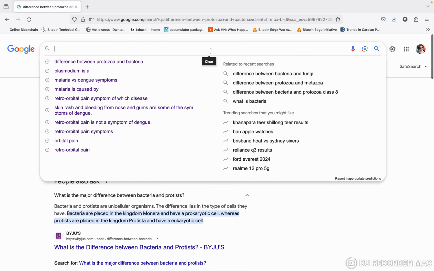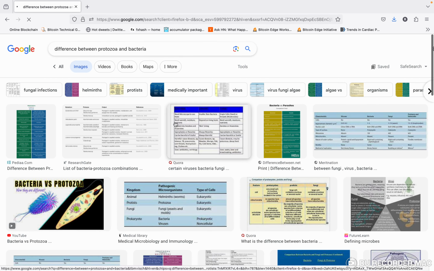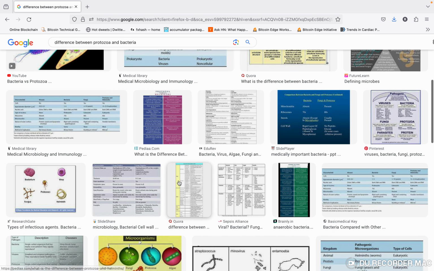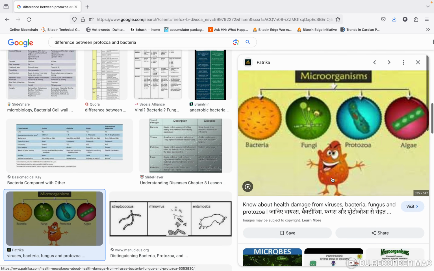Okay, and let me check if there is any image or not. So that will be easy to remember. Okay, these are microorganisms: bacteria, fungi, protozoa, algae.